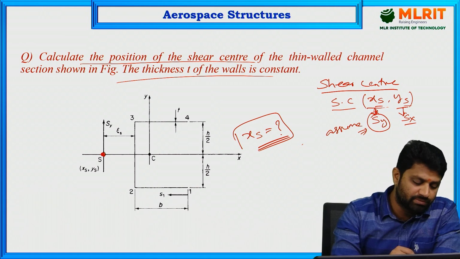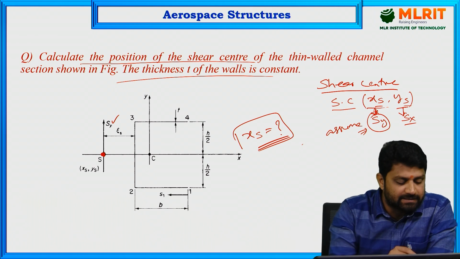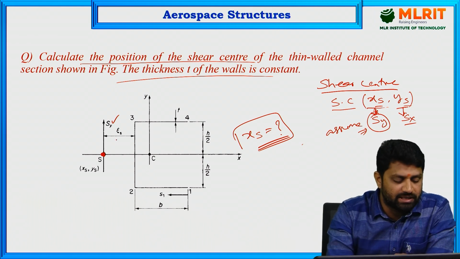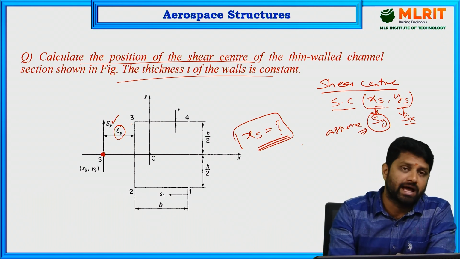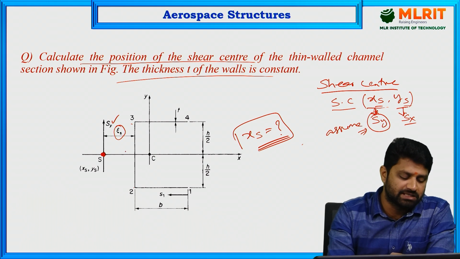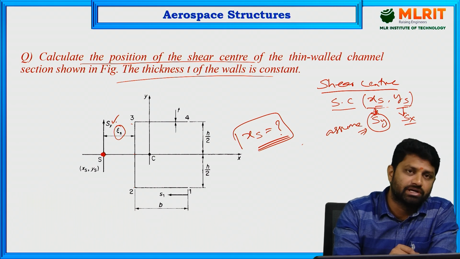Let this vertical shear load Sy act at a distance of zeta s from web 2-3. So we are assuming that the shear center may act here, at a distance of zeta s from web 2-3, and at the shear center there exists a vertical shear load which we are assuming, that is Sy.